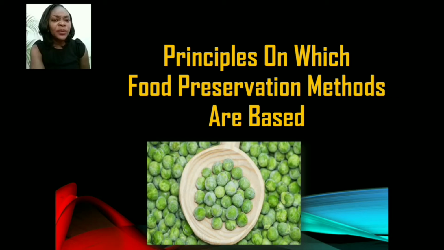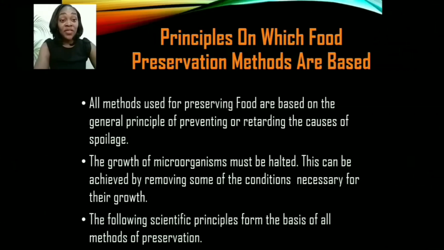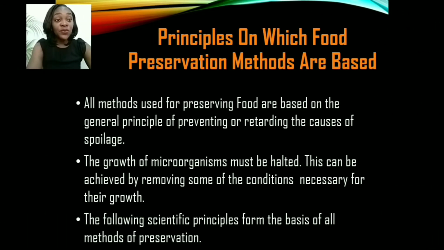We've looked at the terminologies that are associated with food preservation and also the reasons for preserving food. Let us now explore the principles on which food preservation methods are based. Methods used for preserving food are based on the general principle of preventing or retarding the causes of spoilage, right? And in previous episodes, we looked at food spoilage and also the different causes of food spoilage, right? The growth of microorganisms must be halted.